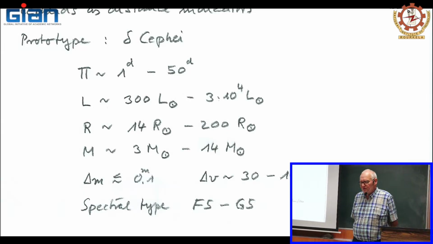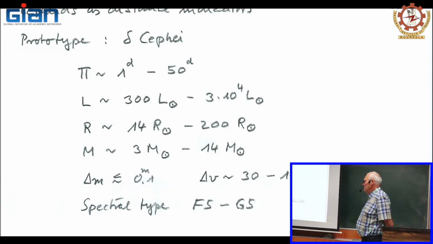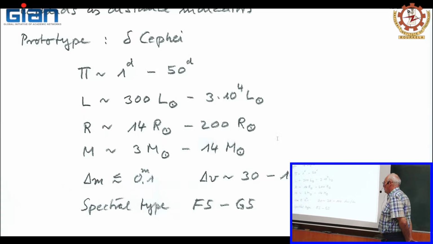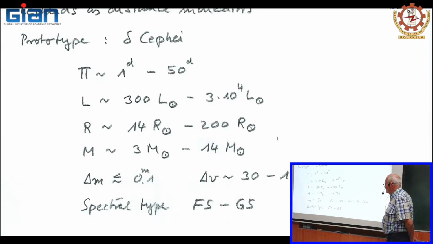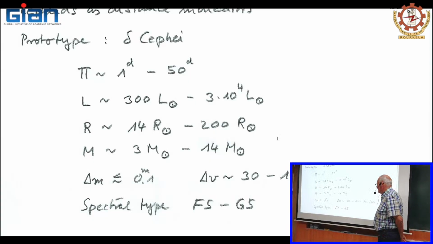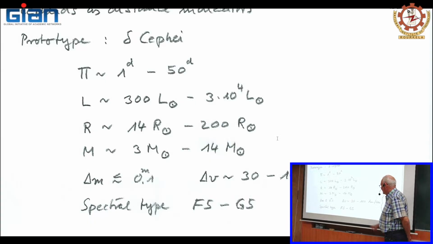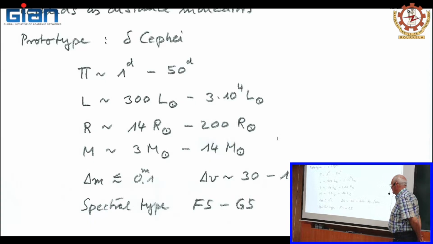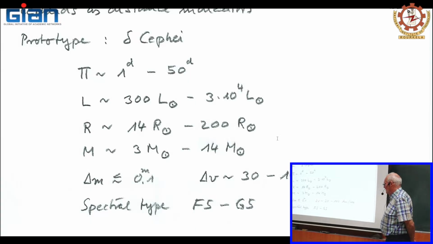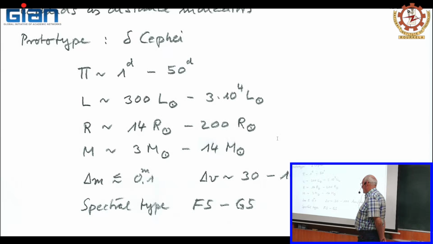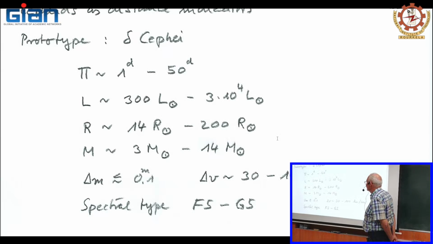The change in brightness is usually a little bit smaller than 0.1 magnitudes, and the variation in velocity seen by spectral line variations lies between 30 and 100 kilometers per second. The spectral type of these Cepheids lies between F5 and G5.